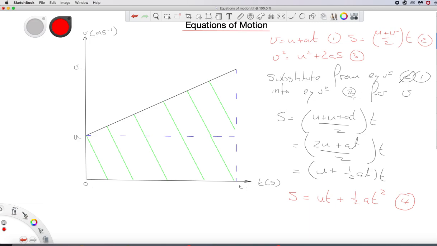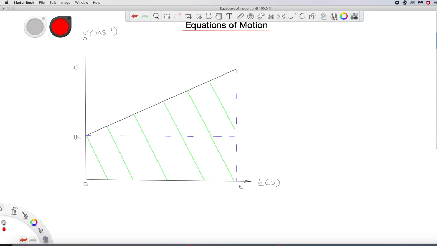I said at the start that these equations only apply if the acceleration is constant. So let me take this away for now, and let's look at a non-linear graph.